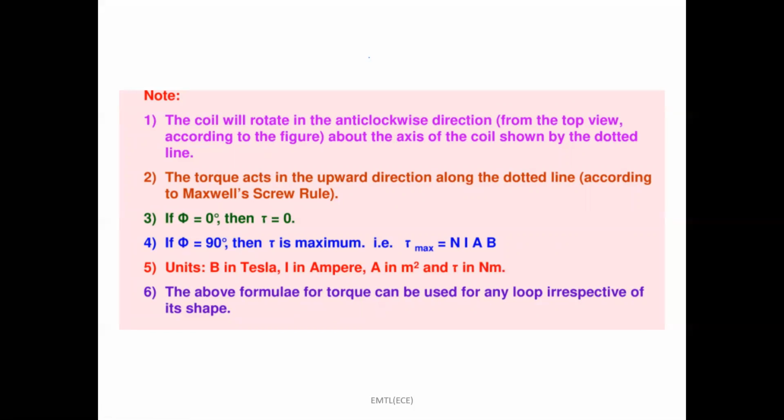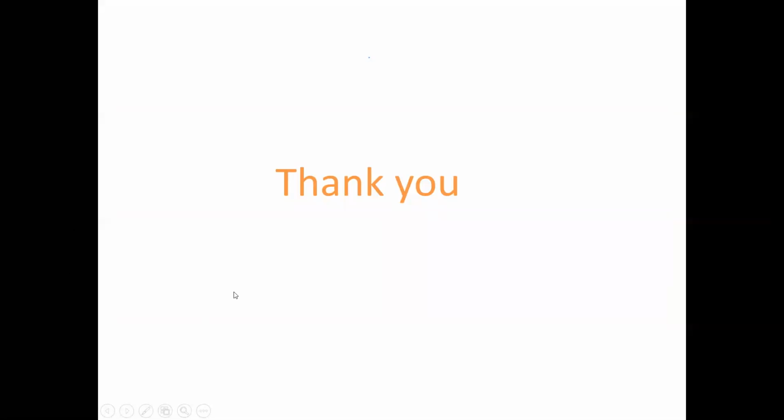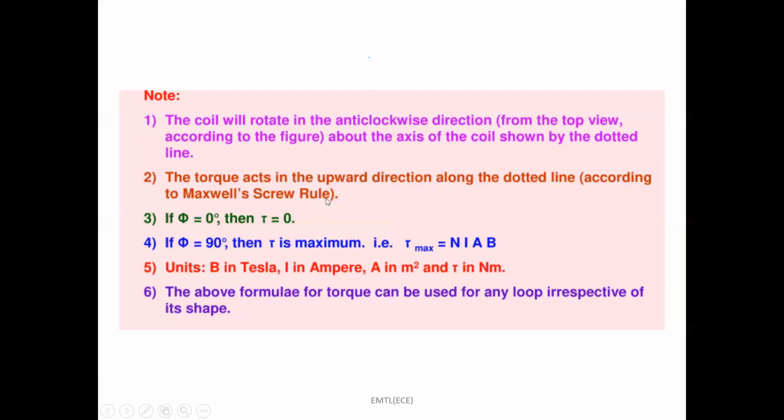So these are the key points we have to know about the torque acting on a loop placed in a magnetic field. In the next class we will discuss solved problems on this magnetic force. So the topic covered is the torque acting on a current carrying loop placed in a magnetic field.